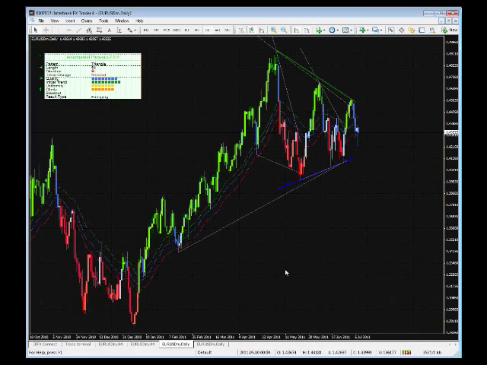So I have two separate charts running on my MT4. I have the same plugin running, but again, one where I have completed as true and emerging as false, and the other where I have completed as false and emerging as true. So I have one chart dedicated only to patterns in development, and I have one chart dedicated to patterns that have triggered. Okay?